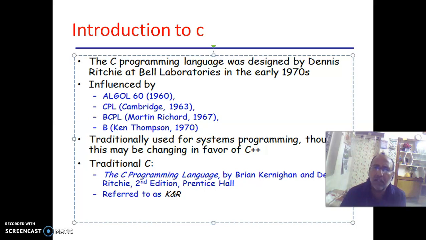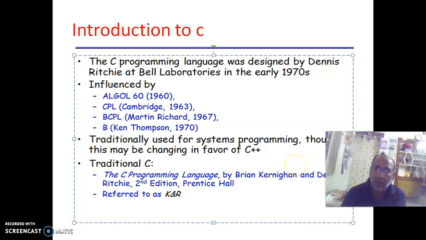It was influenced by the Algol programming language, CPL, BCPL, and B language: Algol 60, that is 1960s; CPL, Cambridge, in 1963; BCPL, 1967; B, 1970. Its traditional use for system programming may be changing in favor of C++.